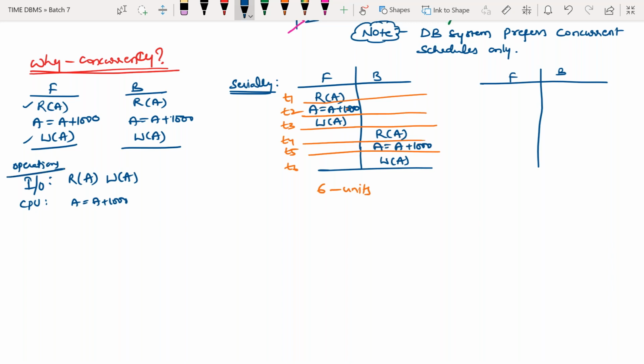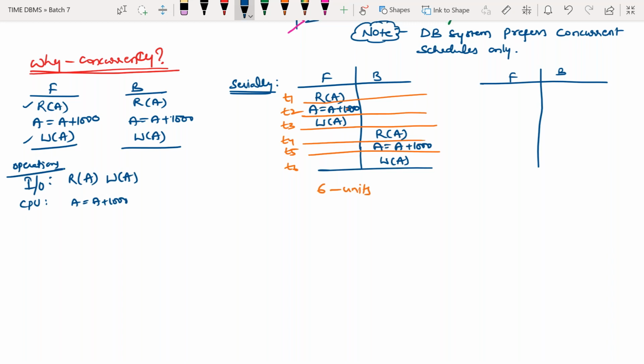Now in a computer system, it is possible to execute both CPU and IO simultaneously. You might have studied this in computer organization. Whenever the CPU is executing, IO operations can also be executed simultaneously, and vice versa.